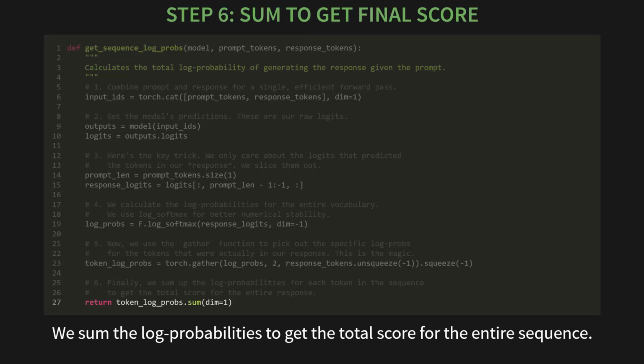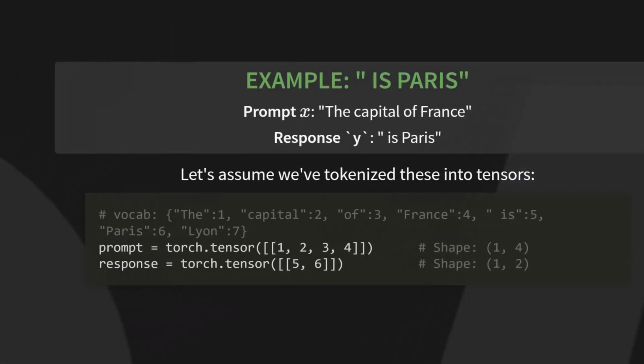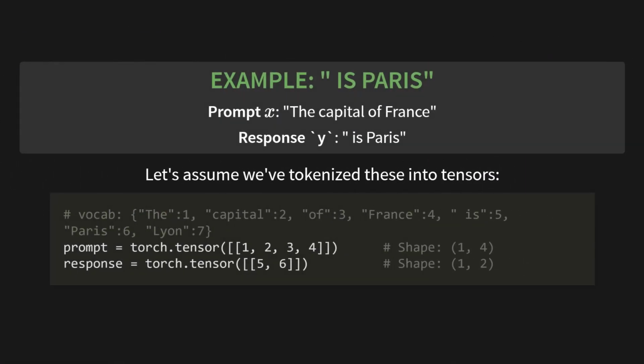Okay, I know that was a lot of code. Let's make it crystal clear with a concrete example. Let's score the response "Paris". Look at the slide. Our prompt X is "The capital of France is", and our response Y is "Paris". We'll assume they're tokenized into these tensors.